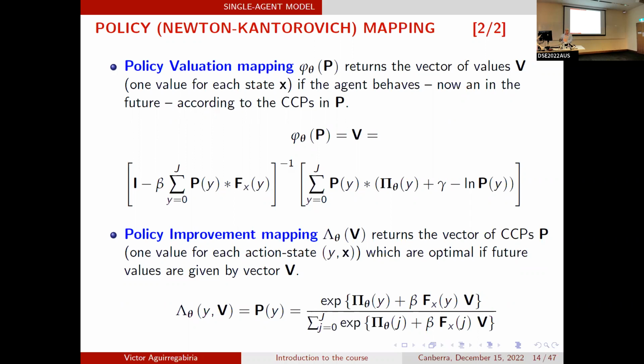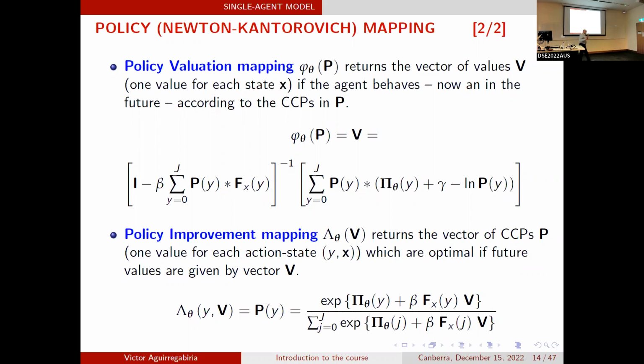Give me a P, and I'm going to obtain this vector of values. And now, given this vector of values, I'm going to determine what are my optimal choice probabilities, okay? And for the logit model, it has this very simple expression. I'm using here the expression also in vector form. These are vectors of choice probabilities for every possible state, okay?